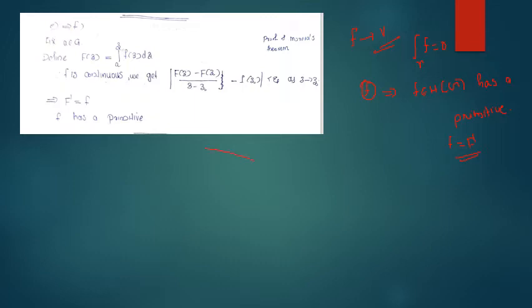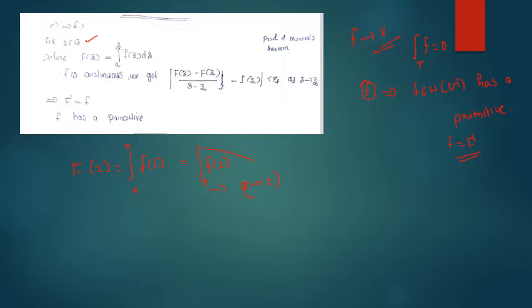Now fix some a belongs to G. Now we can define a function F(z) equal to the integral from a to z of f. Here we are taking the integral over gamma of f(z), where gamma is a path from a to z.